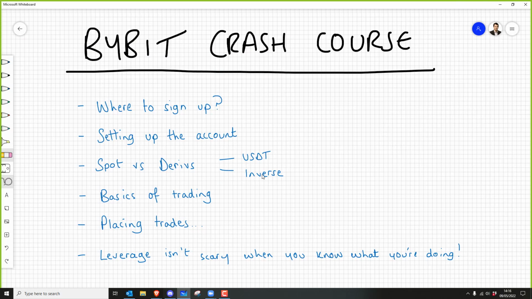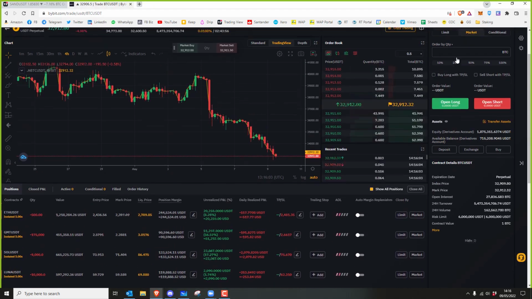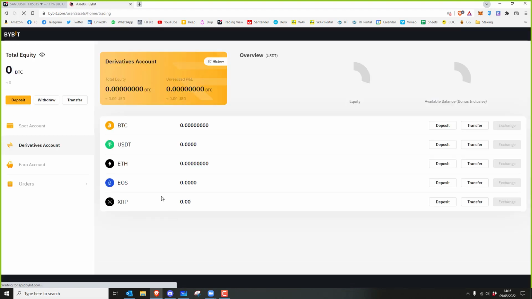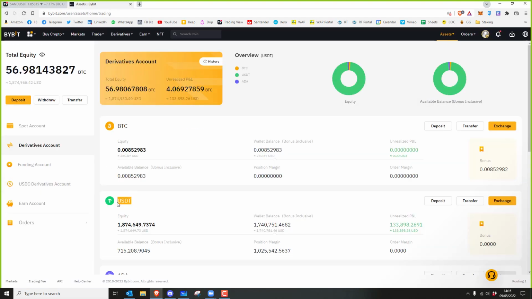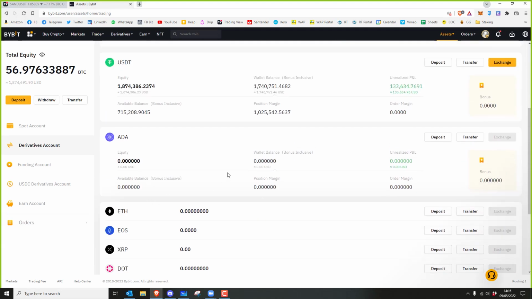Anywho, so let's get back to USDT. Yeah, in fact, I could talk about Inverse quickly. Hopefully you understand the USDT part. Now the inverse bit is, I think, pretty damn cool for a bull market, not a bear market.